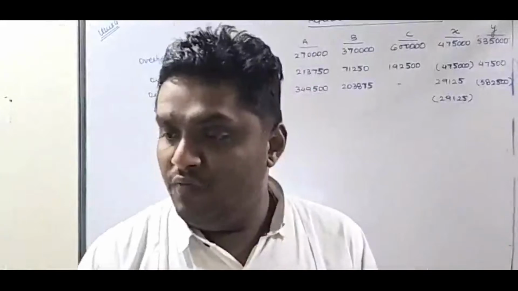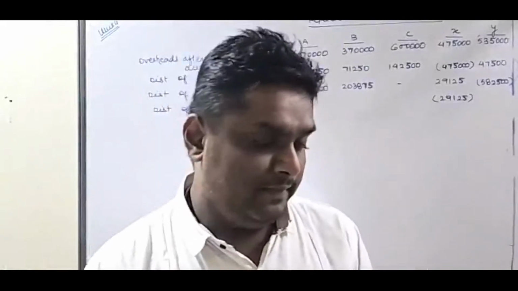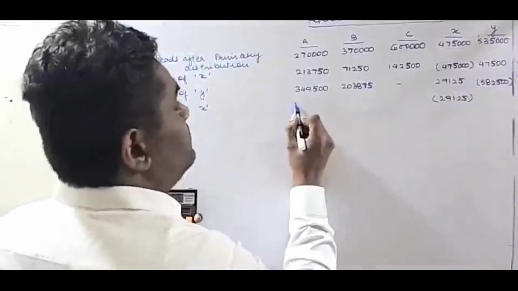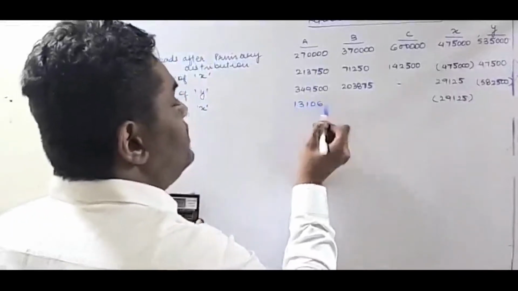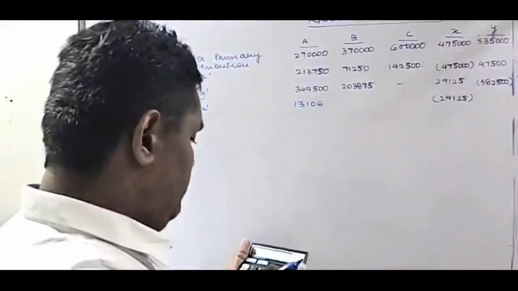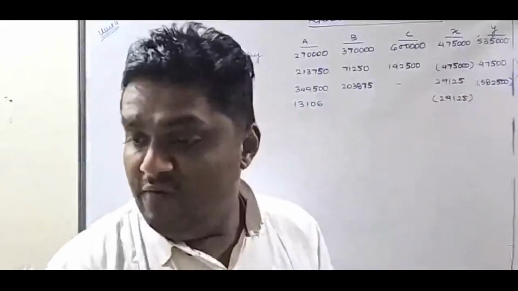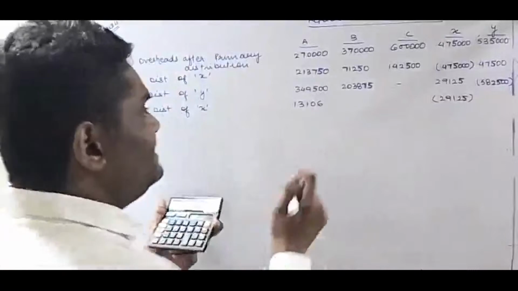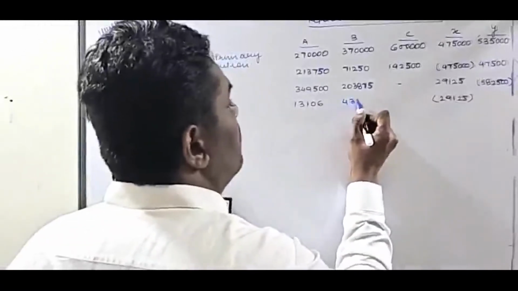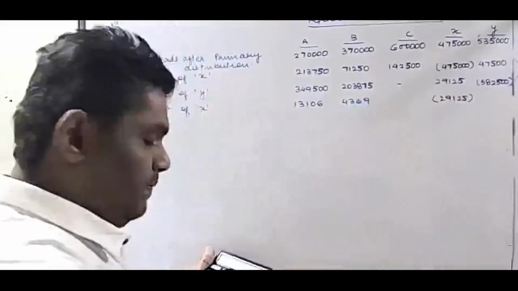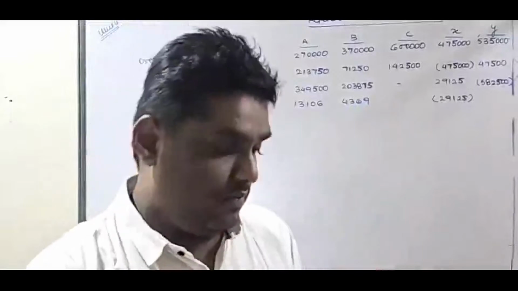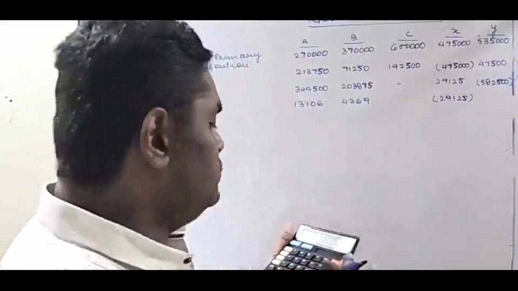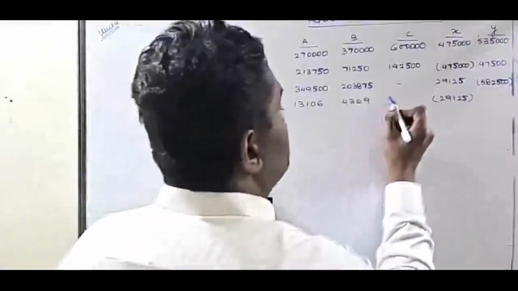45% goes to A, that is 13,106. 15% to B, 4,369. 30% goes to C, that is 8,737.